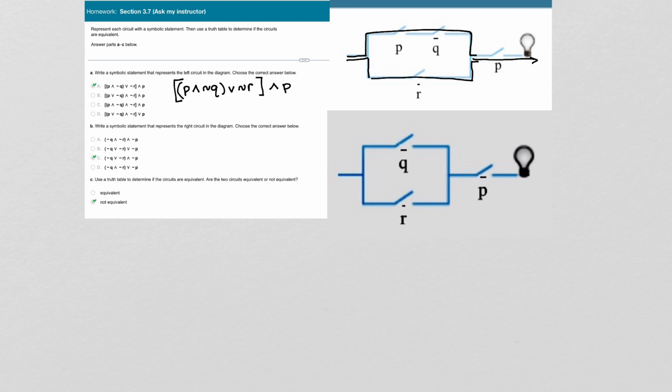The second one, we can go through not Q or not R. But we have to go through not P. So that's how I form those two statements, and now I can use a truth table to determine if the circuits are equivalent.